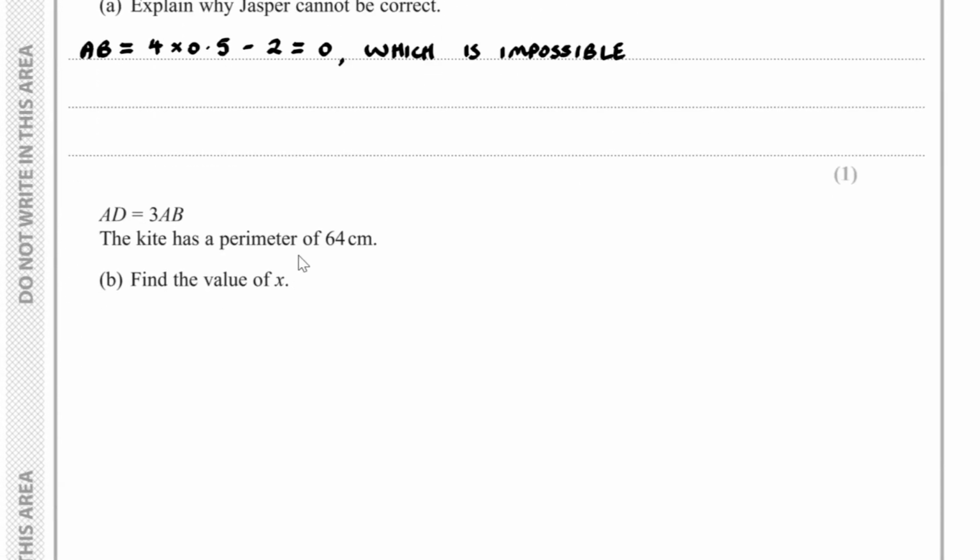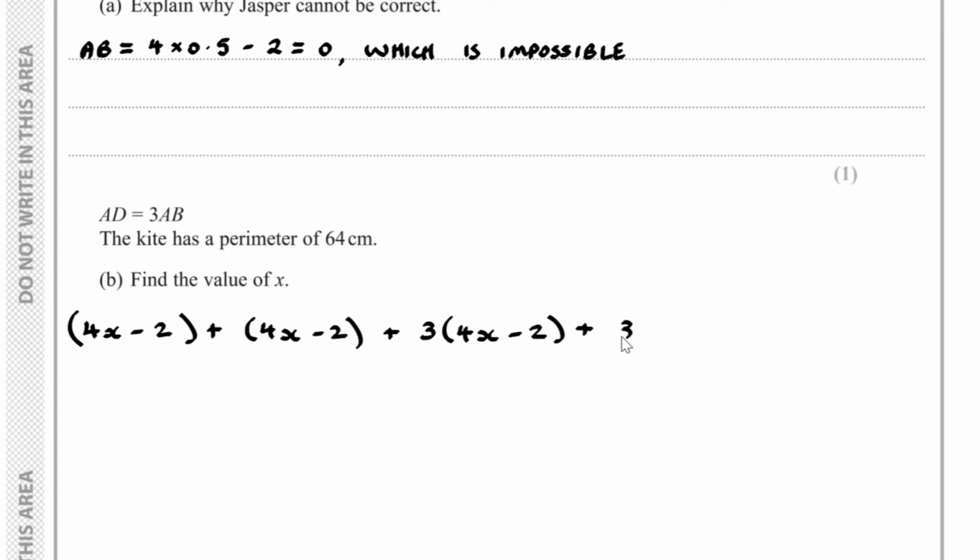So I know that the perimeter is equal to 64. So I've got 4x minus 2 plus 4x minus 2 plus 3 times by 4x minus 2 plus another 3 times by 4x minus 2. And I know that all of this is equal to 64.